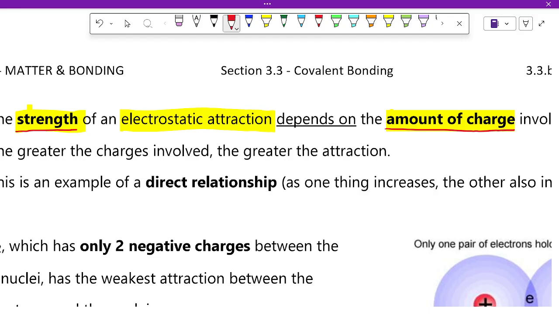Yeah? The strength depends on the amount of charge. So strength is the dependent because it depends on the other thing. And the independent is the amount of charge.